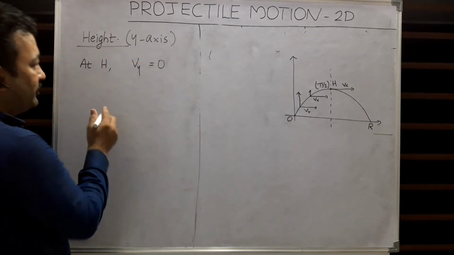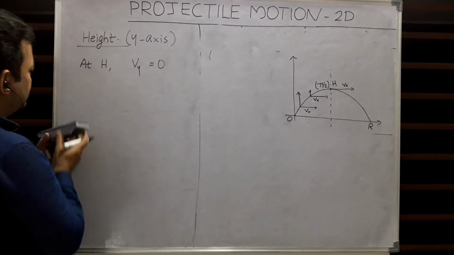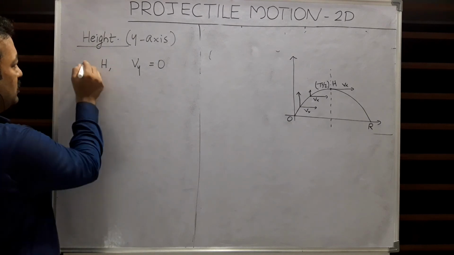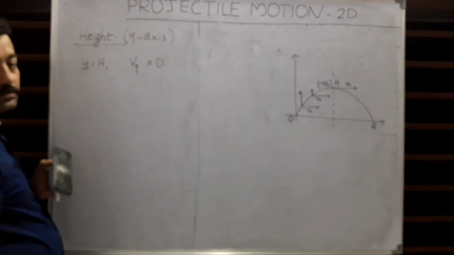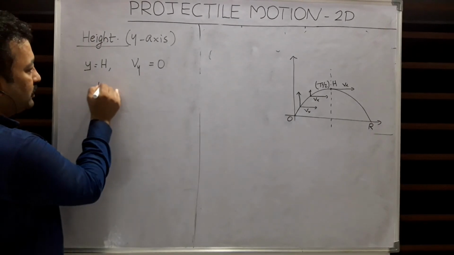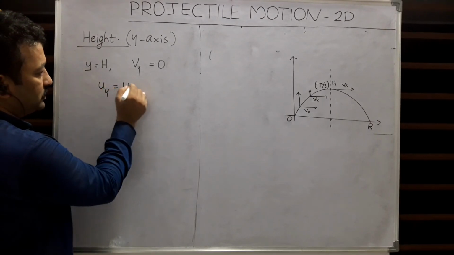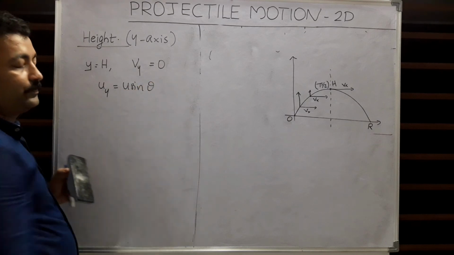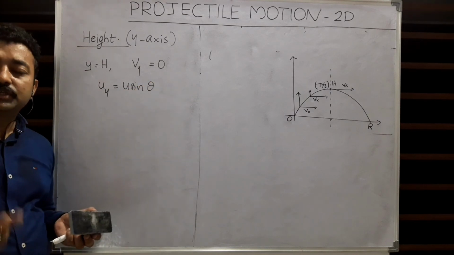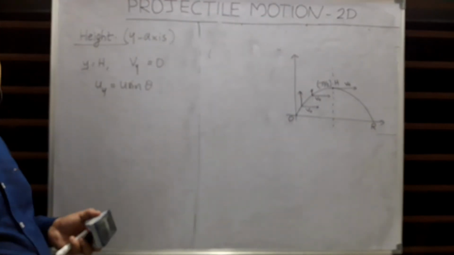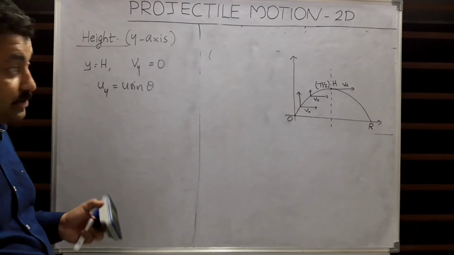And what is the distance covered? This is y equal to h. And what is the initial value of the y component of velocity? Uy was u sine theta. We know the initial velocity, the final velocity, the displacement, and the acceleration.